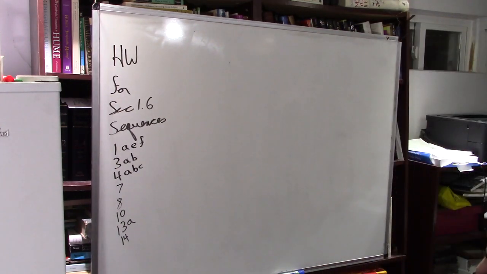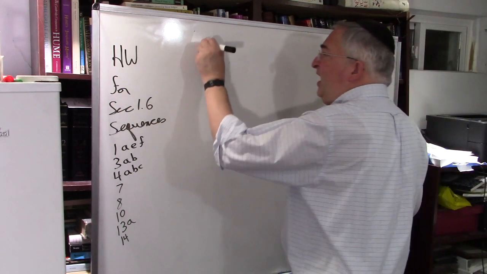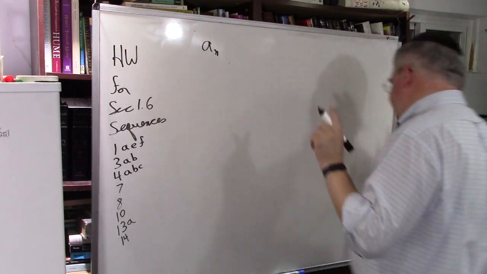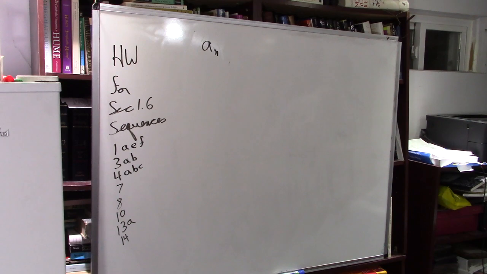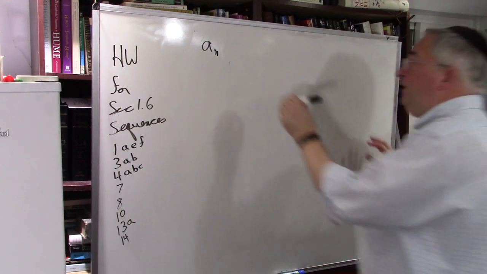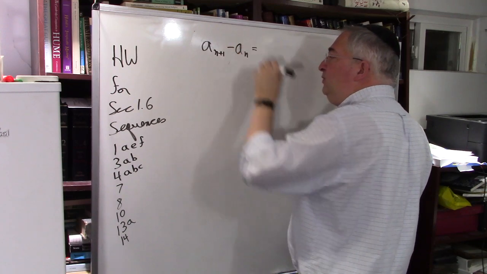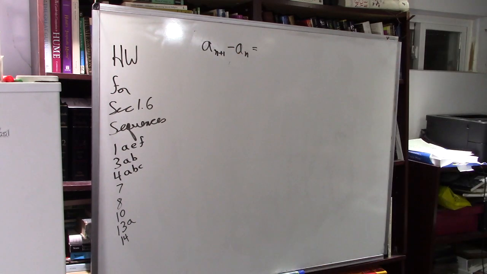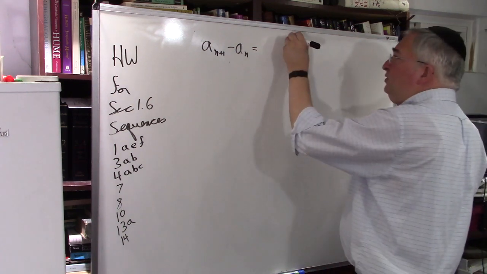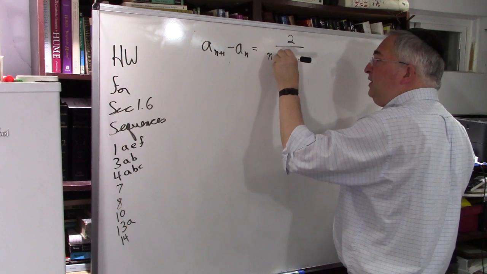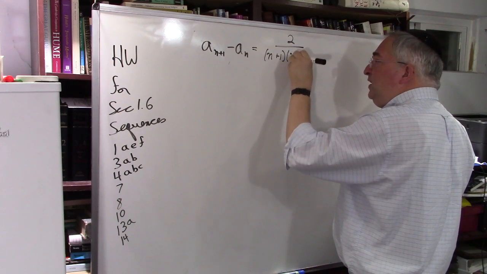So let's do it. So they want to show that a of n plus 1 minus a of n is equal to 2 over n plus 1 times n plus 2.